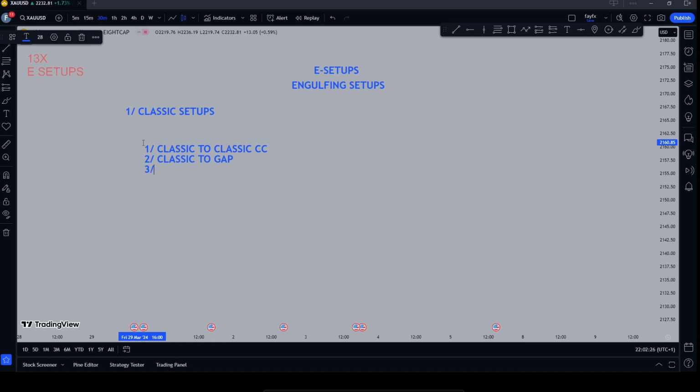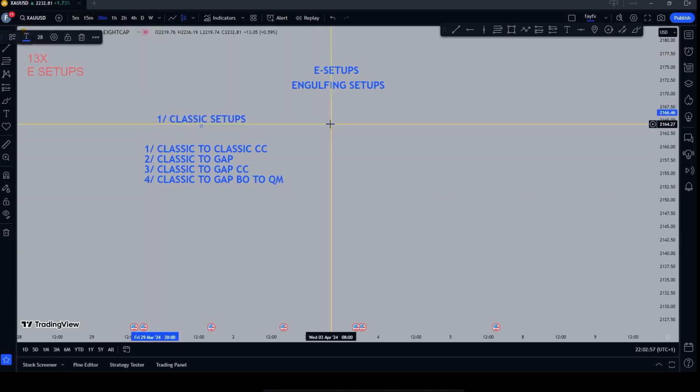Third one, classic 2 gap, big out, 2 QM, or HNS. Those are the classic setups. We have 4 entries.